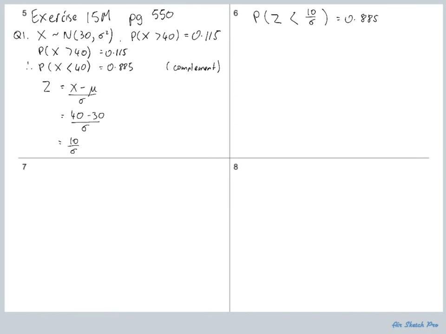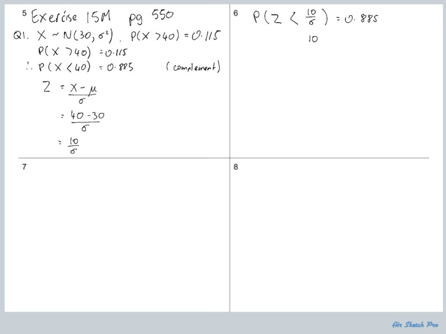Menu 5, 5, we're going to do the inverse normal because we've got the area 0.885 and we need to work out what A is, with Z less than A. So choose inverse normal, which is number 3. The area is 0.885 and we leave the default values of 0 and 1 because we've standardized this normal distribution. If I press enter a couple of times after 0.885, you should get 1.20.